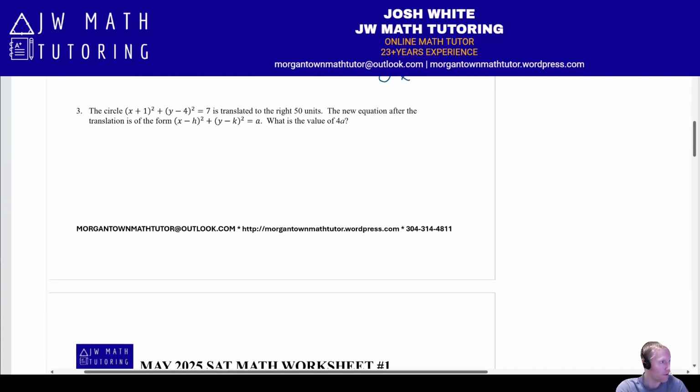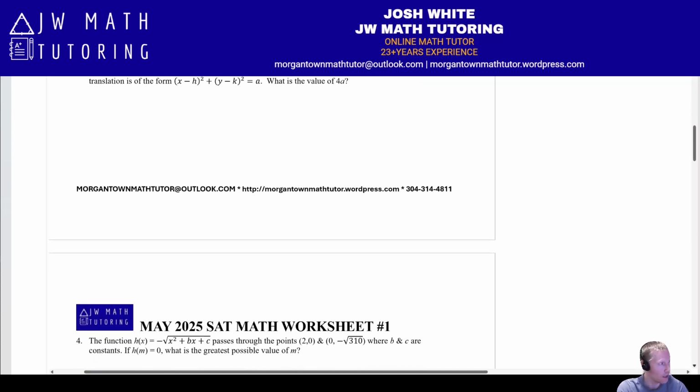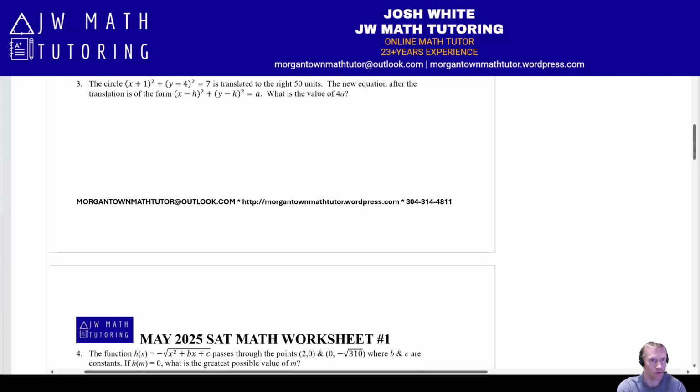All right, next up, we have a question involving a circle. It actually turns out to be a relatively short question with minimal work, because the translation to the right, 50 units, does not affect the radius at all. That just shifts the circle to the right, but the radius is unchanged.